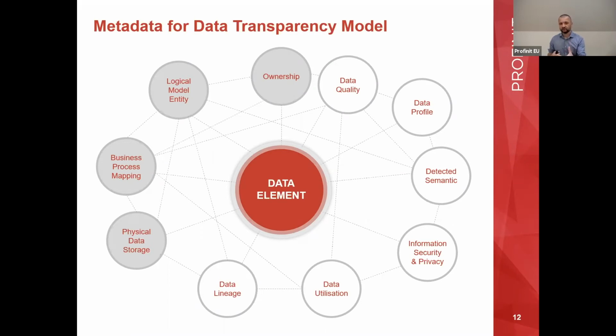We may find that, for example, in a column which should contain only mobile phones of our customers, we will find also email addresses or even physical addresses and so on. And we should understand it. Other dimensions, data utilization. I already mentioned that different data might be utilized differently by different processes.